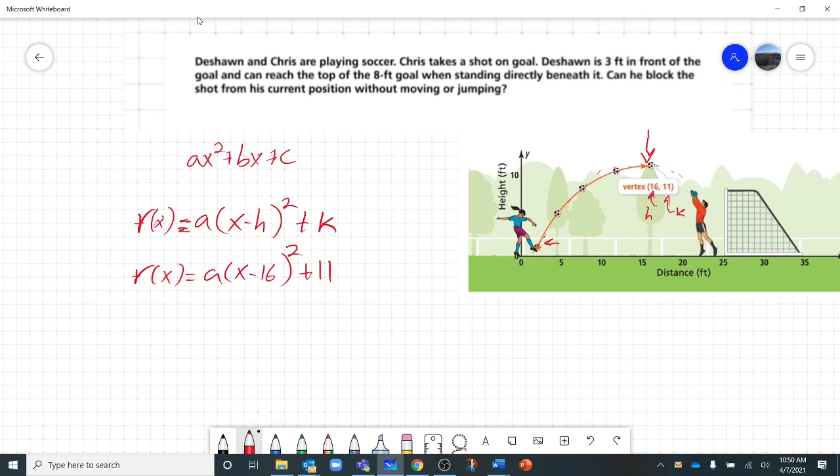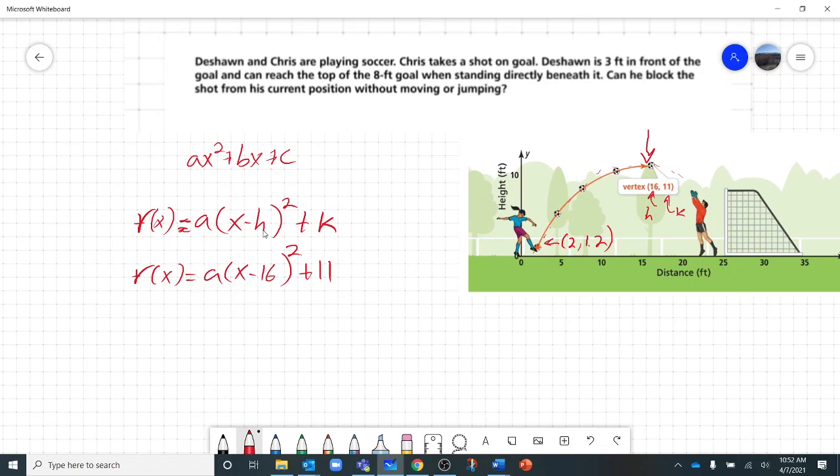All right, so we need to know the height of the ball when she kicks it. So I'm going to pause this real quick and get that. Okay, so the ball at 2 feet away from 0 is at a height of 1.2 feet. And so we can use that information.